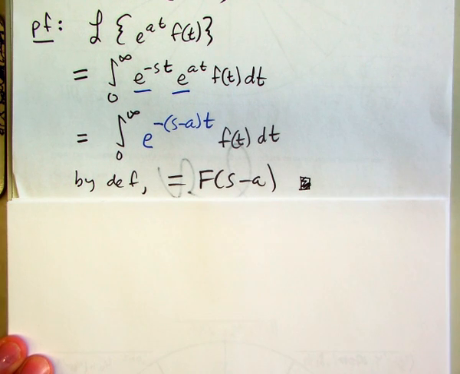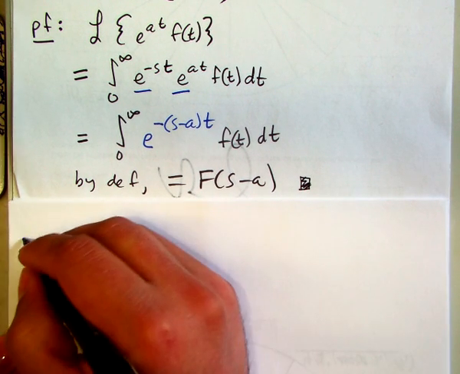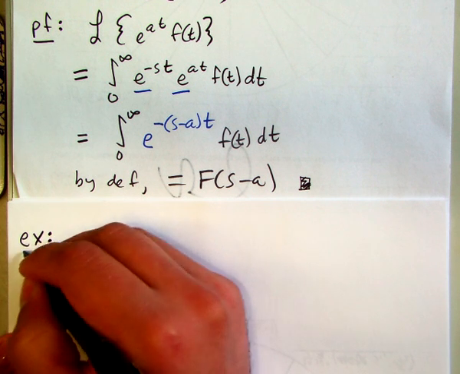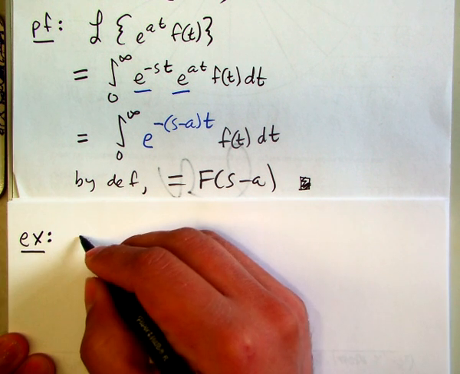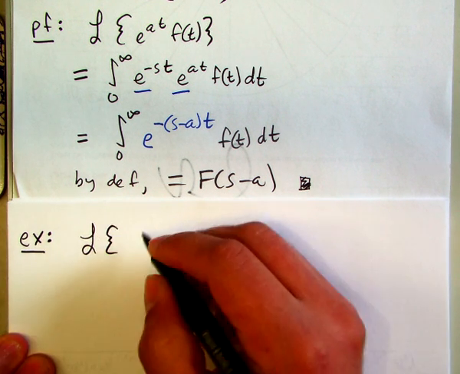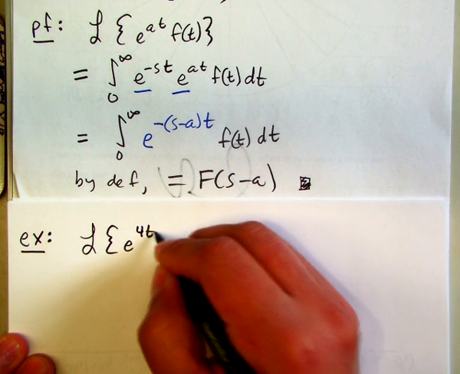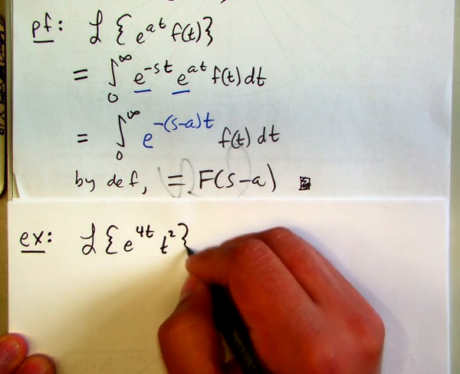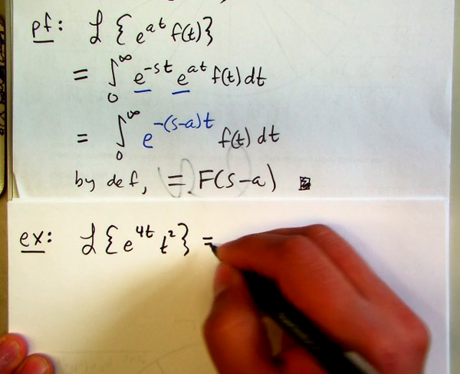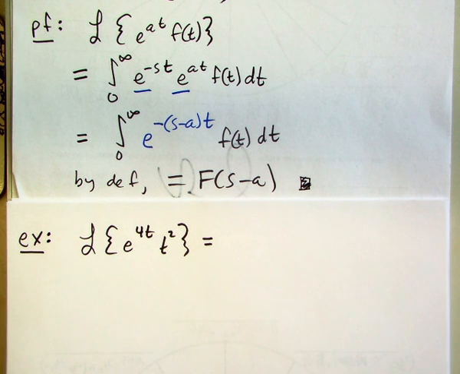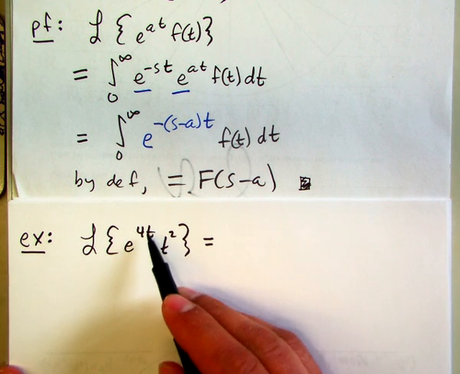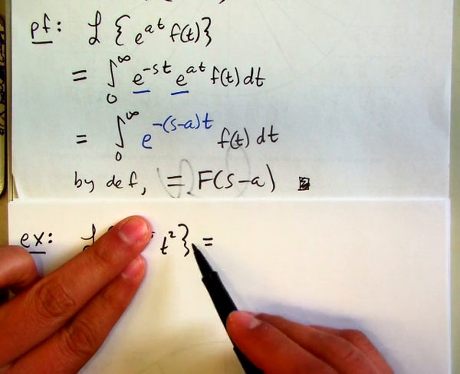So a couple of examples. Okay, so if we're trying to take the transform of e to the 4t times t squared, for the time being, we'll kind of ignore this exponential factor, and we'll just kind of work with t squared.